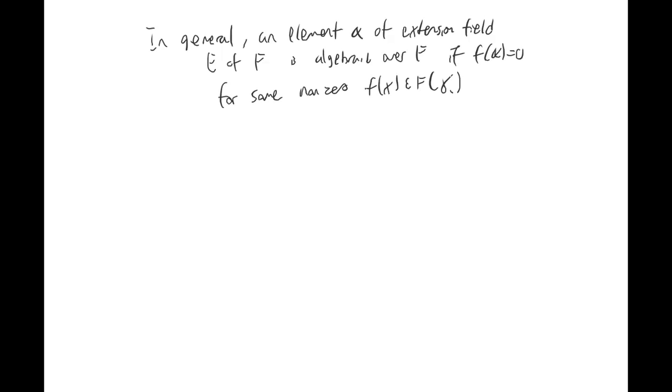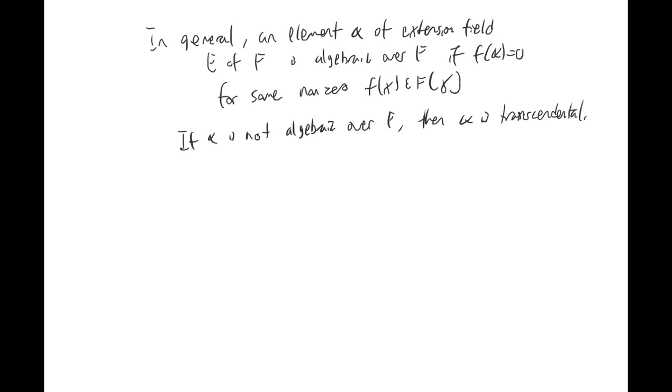And if alpha is not algebraic over F, we just give it a name: alpha is transcendental. I don't know how to spell that. Transcendental.